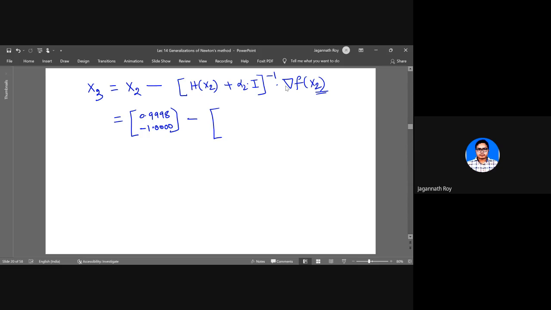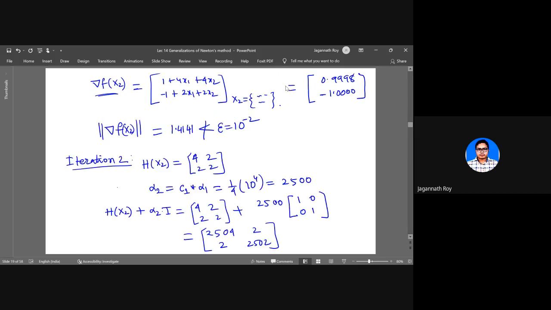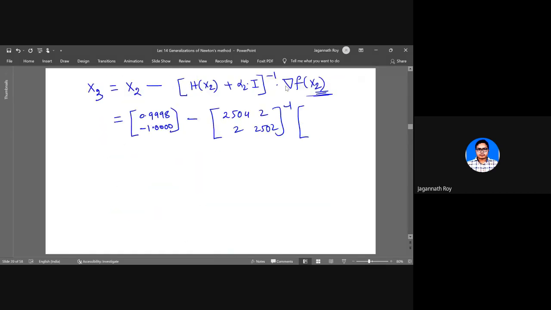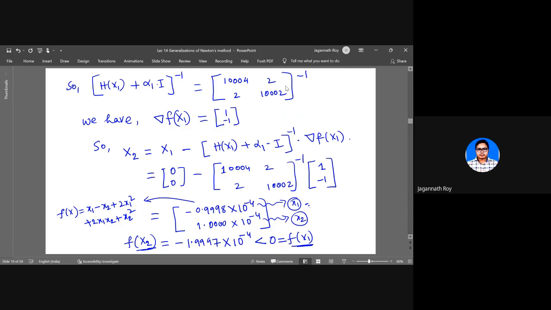So here it is 2504, 2, 2, 2502, inverse, and this is the gradient of f at x2, 0.9998, minus 1.0000. And x2 we have found, here it is.